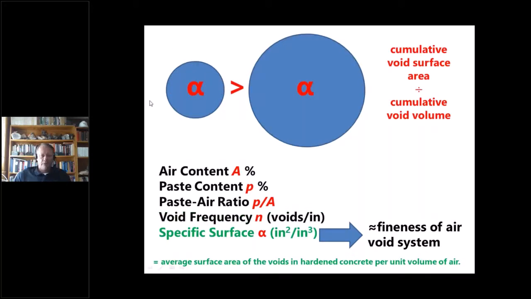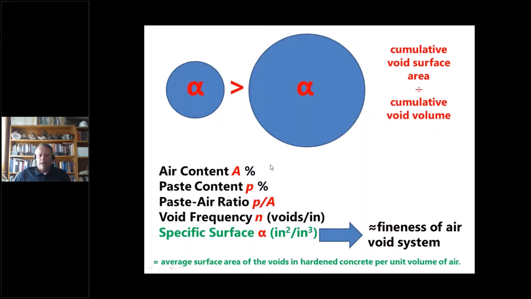A fifth variable that's described is something called the specific surface, denoted by the Greek letter alpha. Specific surface is basically a ratio between area over volume, square inches over cubic inches, for example.